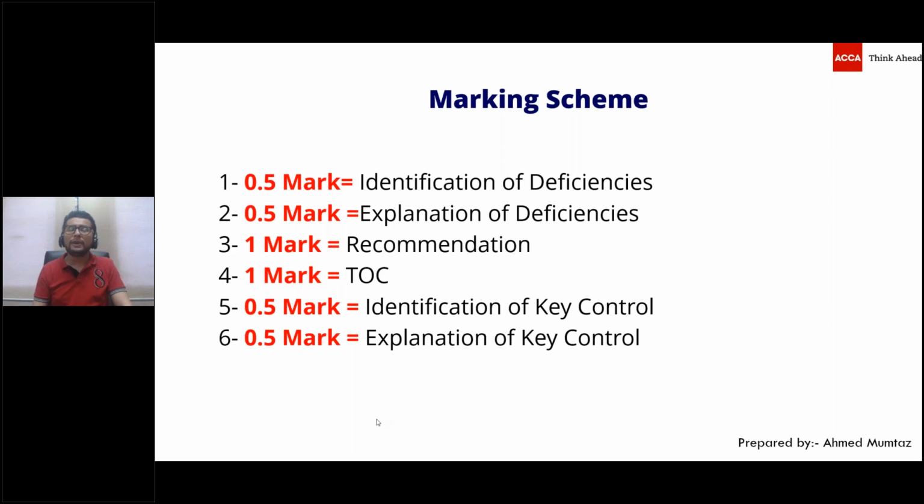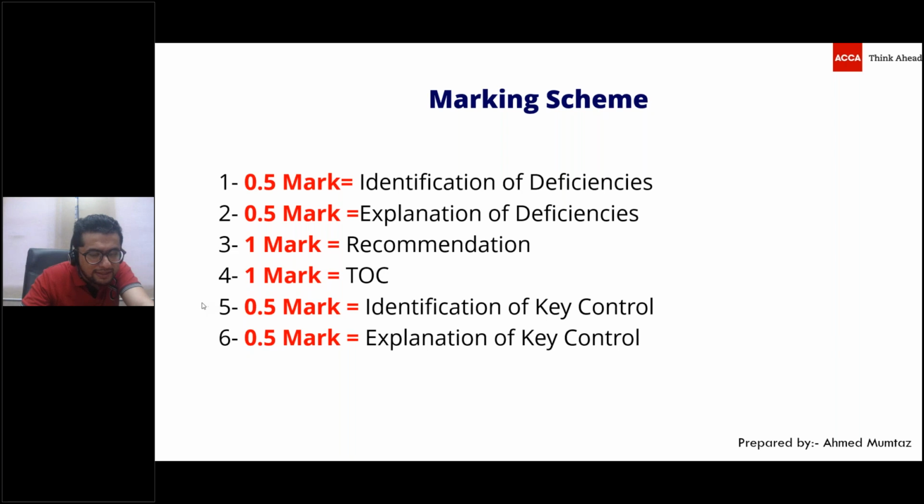Now what you're going to recommend, there has to be a quality inspector who should evaluate the goods with respect to quality, maybe on a sample basis, just to make sure we are not accepting any inferior quality goods. Now that's the recommendation. What about test of control? Okay, maybe I would like to visit the warehouse and I would like to observe whether the quality inspector is there and whether he or she is working on the quality of the products before accepting the goods.